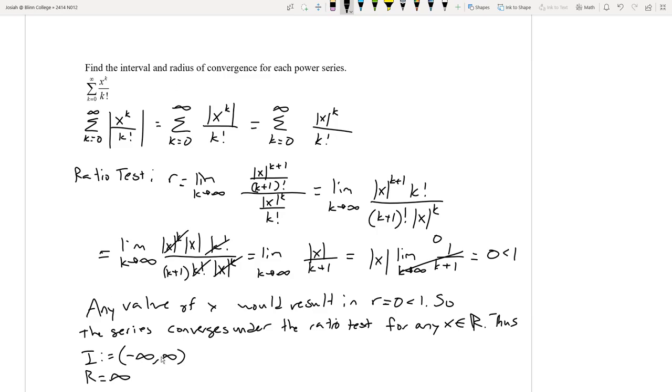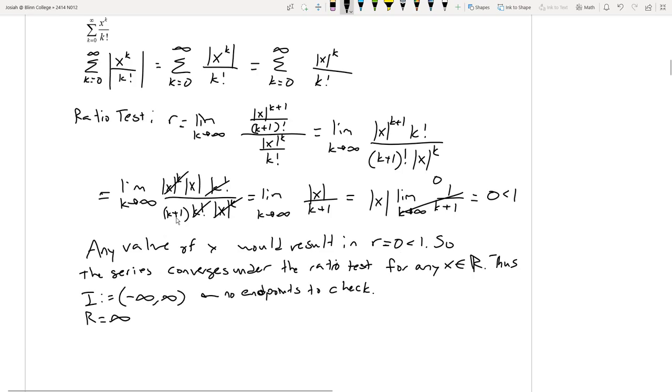And in fact, since we have all real numbers, there are no endpoints to check. Because we can't really plug in negative infinity, infinity, those are not real numbers. So we just are left with that.